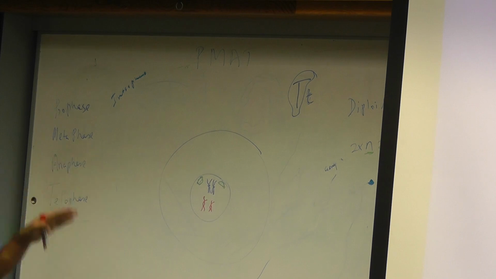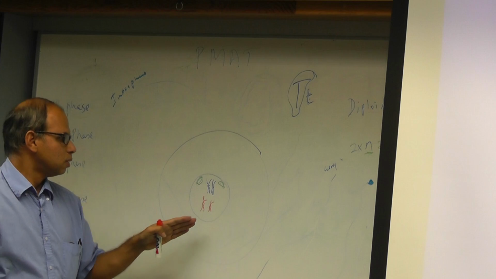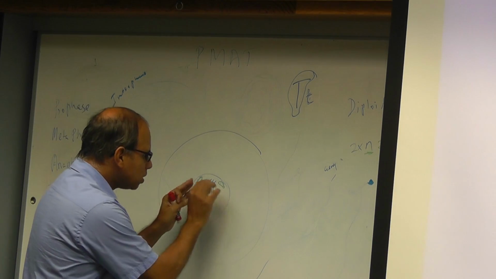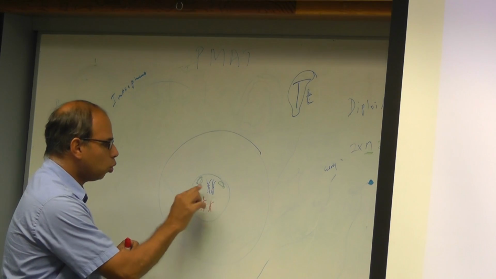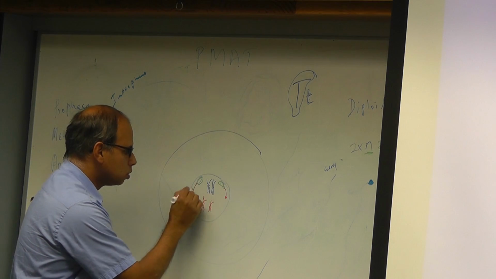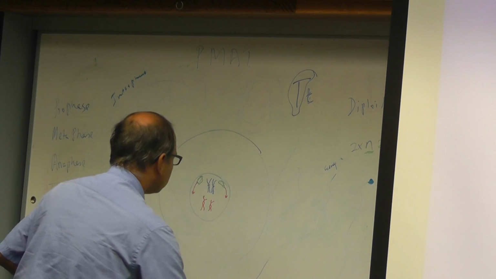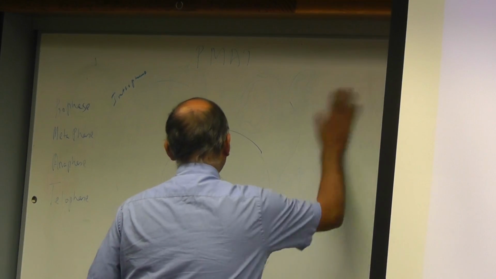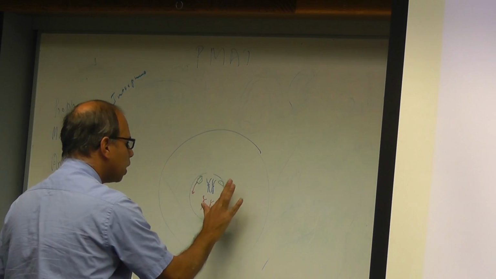Enter metaphase. In metaphase, something magical happens. Okay? These centrosomes go to 2 different poles. They travel and then they settle here. So let me draw another picture. So this is the prophase, and this is sort of breaking up.